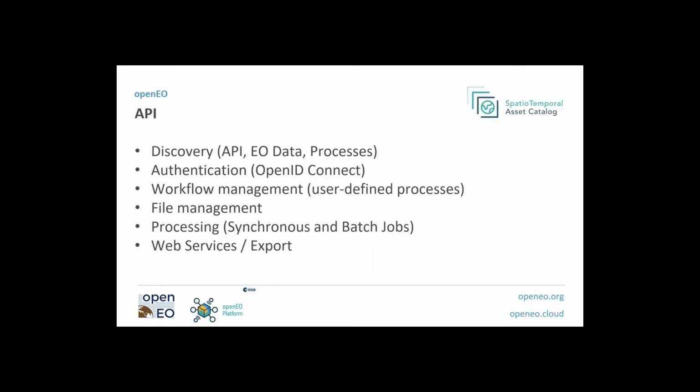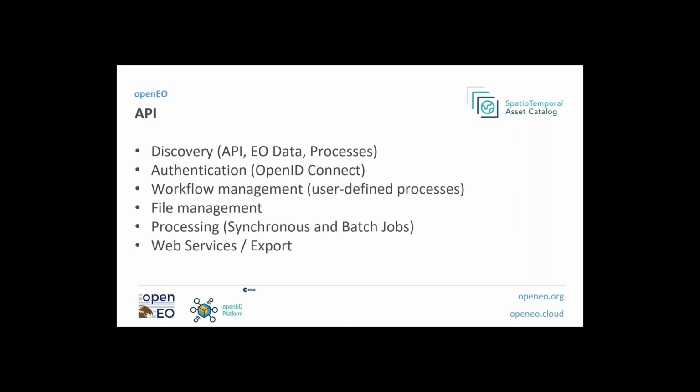So the API is covering a couple of things like discovery for EO data and for the processes. It also covers authentication via OpenID Connect. You can, with the predefined processes that we have, also define new, more complex user-defined processes and store them and reuse them again in another user-defined process.